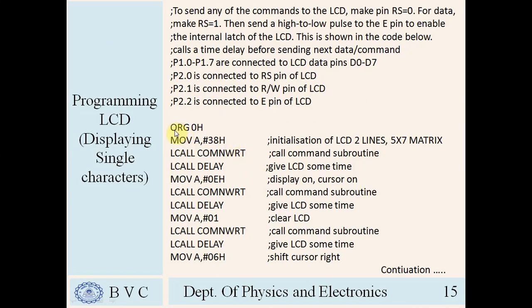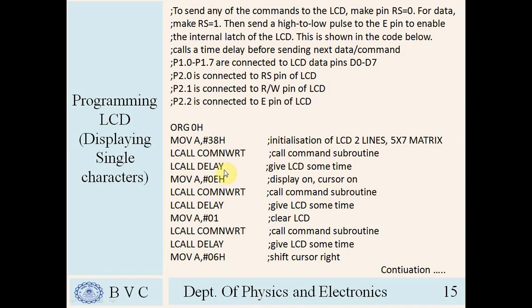Let us see how to do this particular interfacing work. Initialization first. Before we start, ORG is a directive, right? Move 38. We know what is meant by this 38: initialization of the LCD, 2 lines, 5/7 matrix.